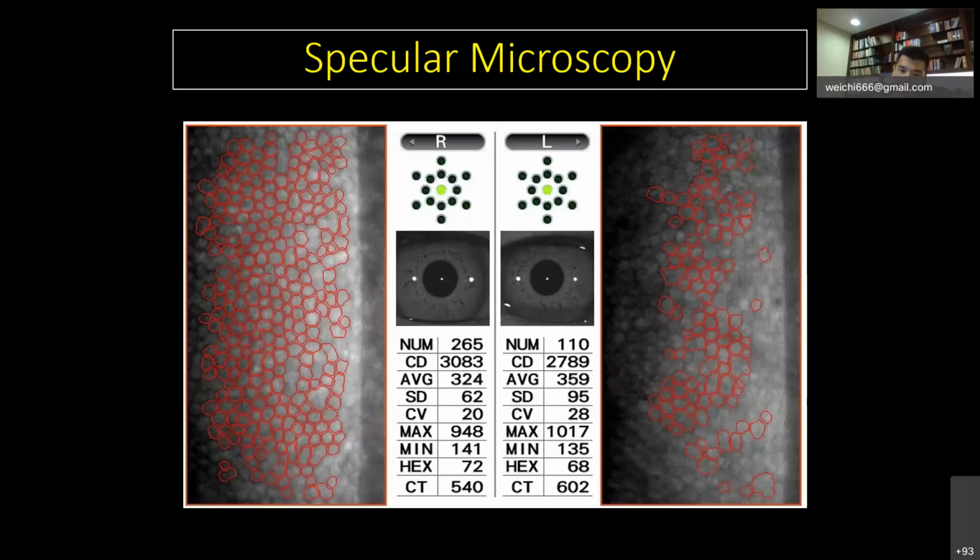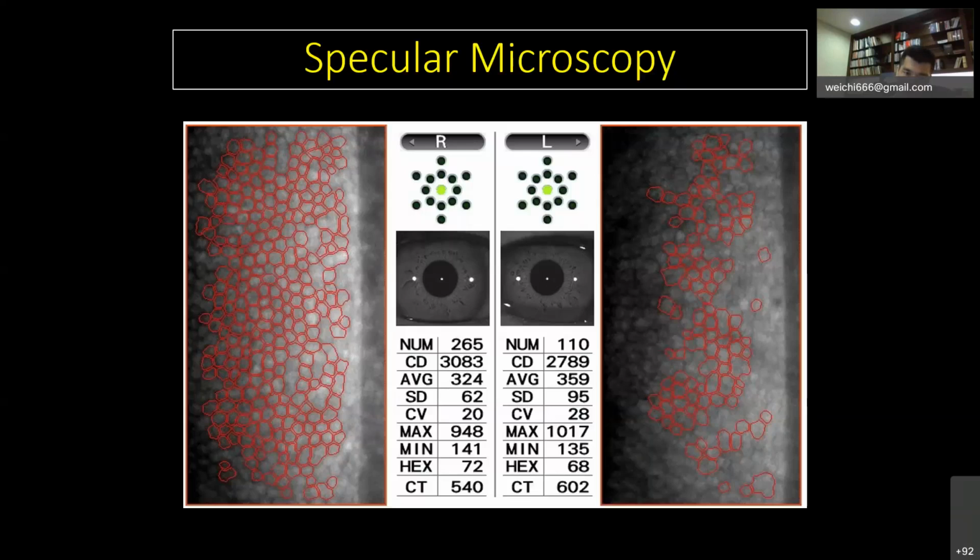If the number falls below a certain range, then it might pose a risk when you perform cataract or intraocular surgery for the patient, because after the surgery, the density could decrease further.